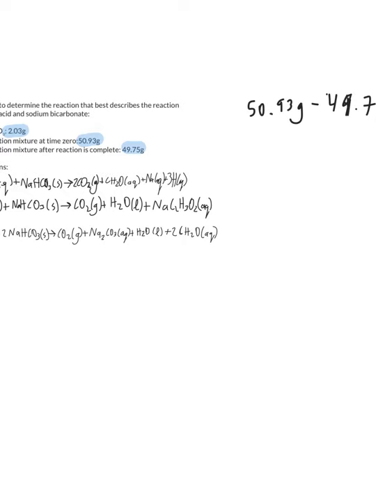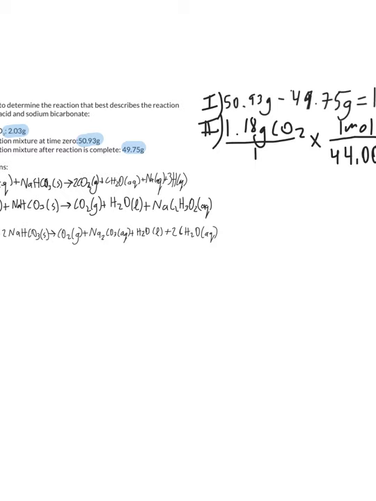So to find out the mass of the CO2 produced, all we have to do, because the lost CO2 is the CO2 that is dissipated in air, but it is CO2 that was produced, so we must change that from grams to moles, and that's how much CO2 was produced.